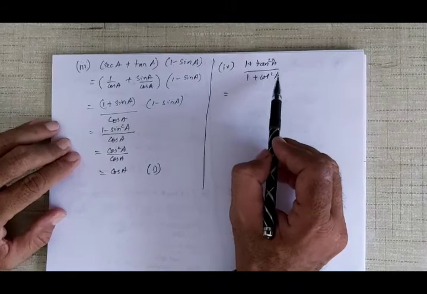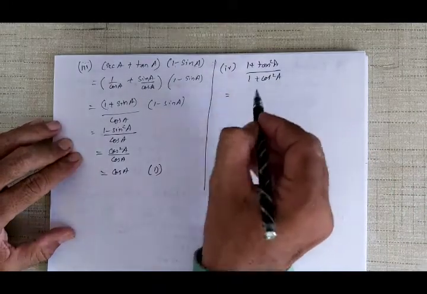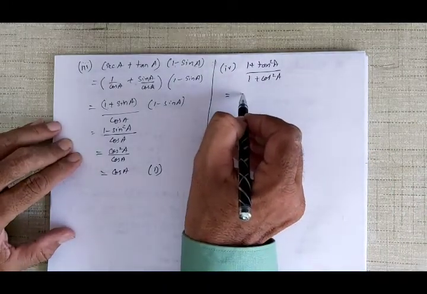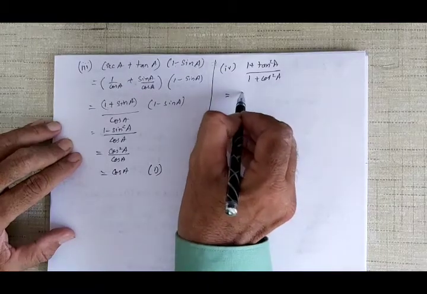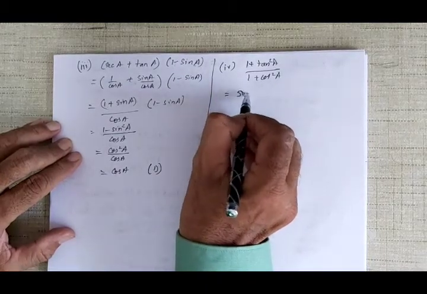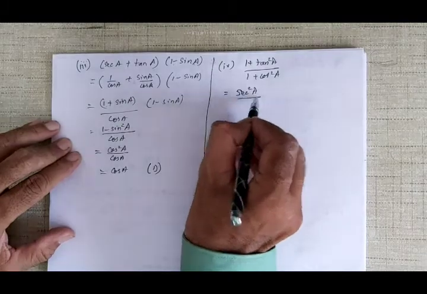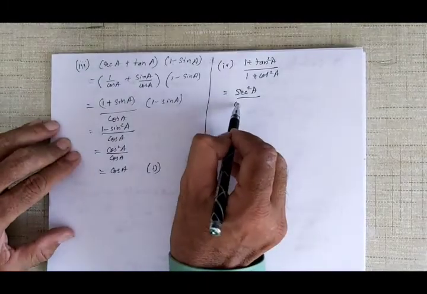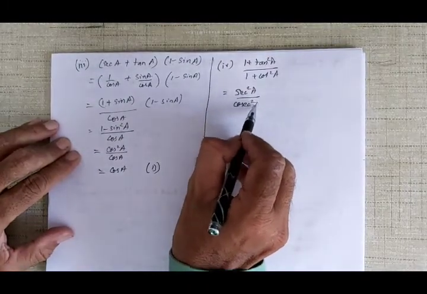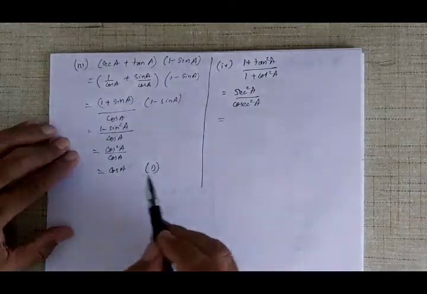So it can be done in different ways. For example, 1 plus tan square a is equal to sec square a, and 1 plus cot square a is equal to cosec square a. They all can be done in different ways.